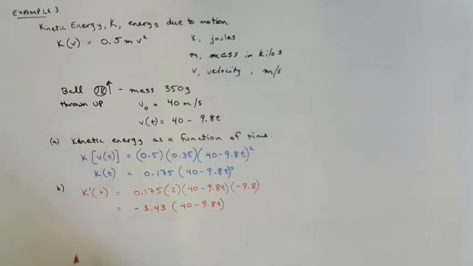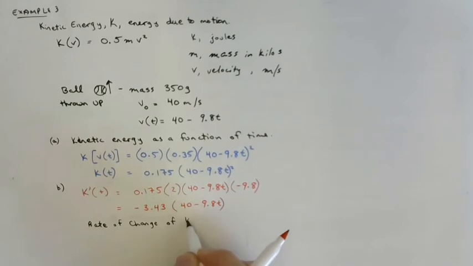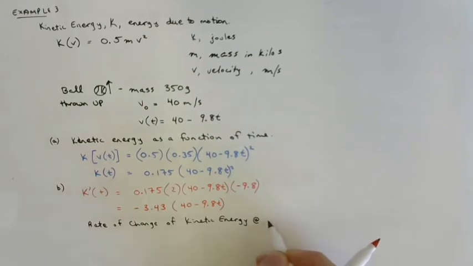And then B asks us to find the rate of change of the kinetic energy of the ball at 3 seconds. So rate of change of kinetic energy at t equals 3.